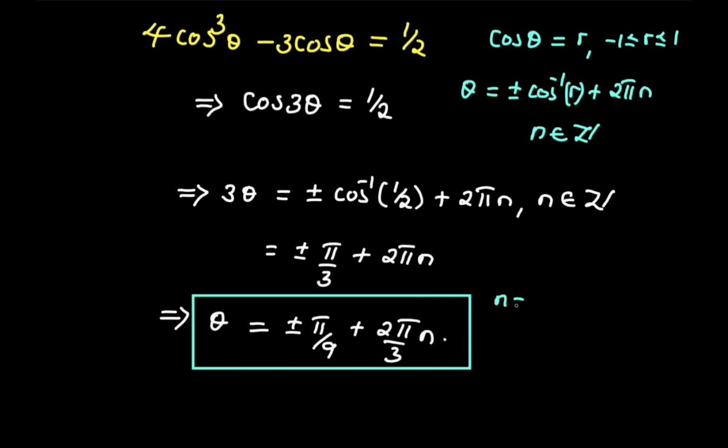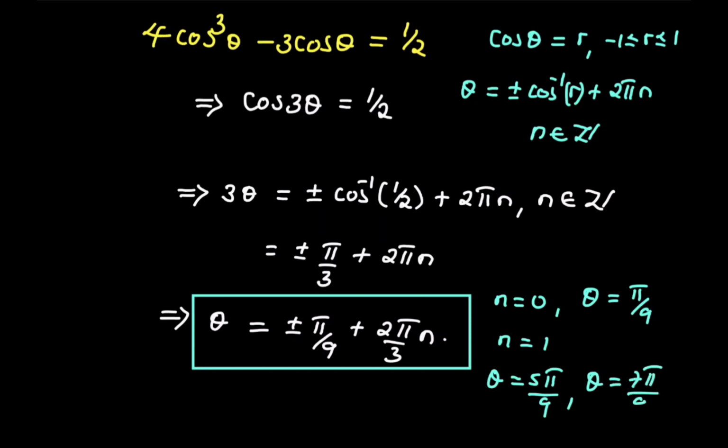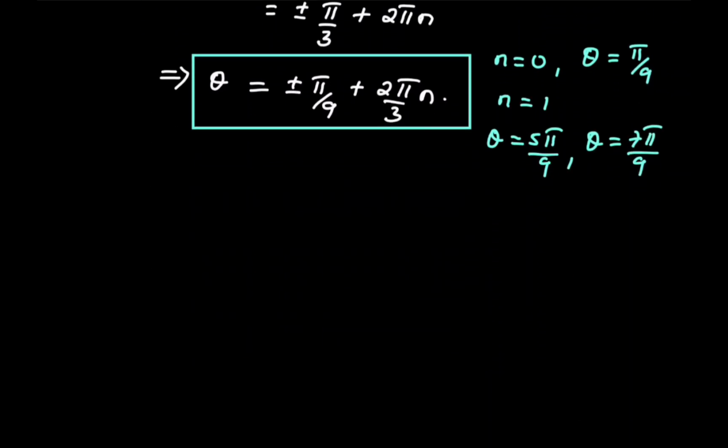When n is 0, we have just one positive value of theta, which is pi/9. And when n is 1, we have 2 positive values of theta. The first is 5 pi/9, and the second is 7 pi/9.